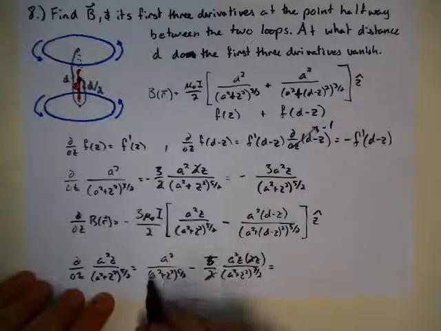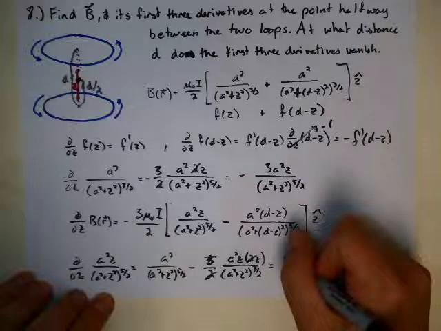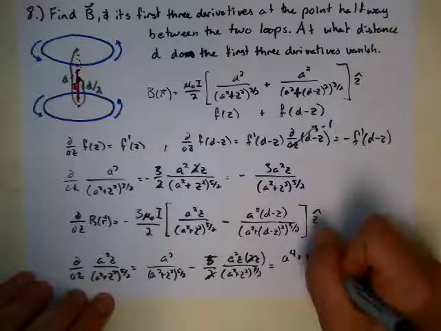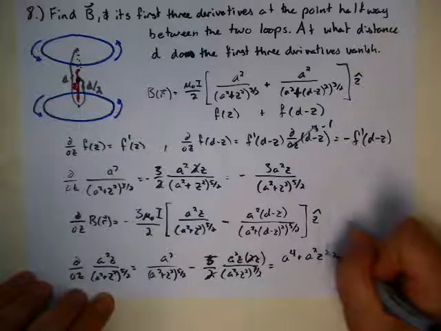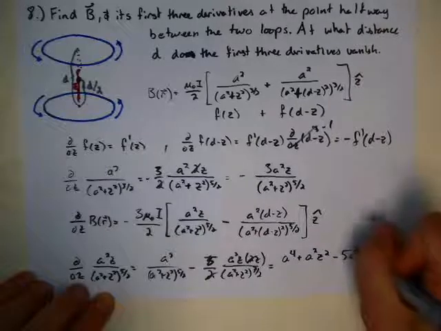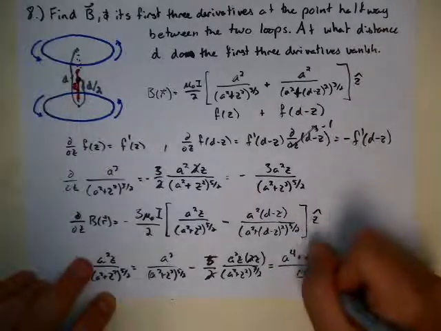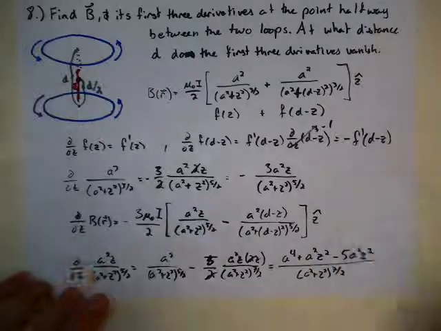Multiplying top and bottom of a squared plus z squared in order to put the 7 halves in order to make a common denominator, we're going to get a to the 4th plus a squared z squared minus 5a squared z squared divided by a squared plus z squared to the 7 halves.